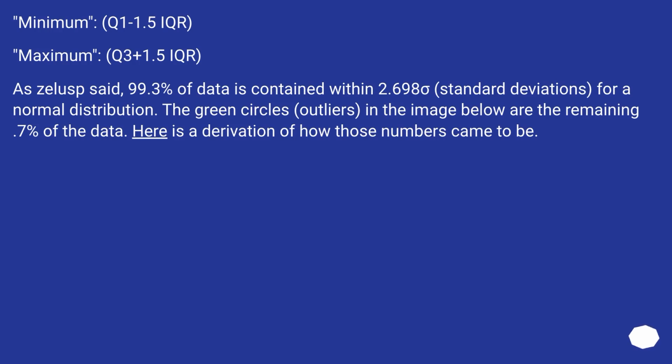Maximum, Q3 plus 1.5 IQR. As Zelust said, 99.3% of data is contained within 2.698 sigma, standard deviations, for a normal distribution. The green circles, outliers, in the image below are the remaining 0.7% of the data. Here is a derivation of how those numbers came to be.